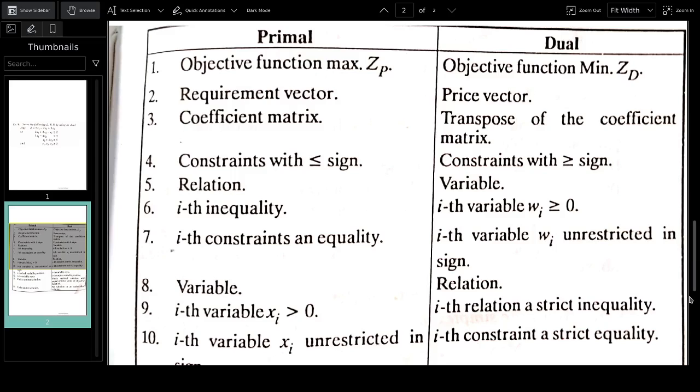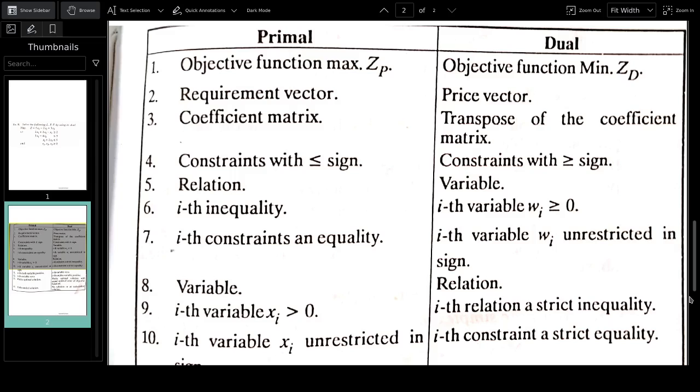You see the point number 3, how to distinguish primal and dual, means one linear programming problem is given, then point number 1 is what? Objective function is maximization, and this is denoted by ZP, P means primal. In case of dual, this objective function is minimization, and this is ZD, D means dual.